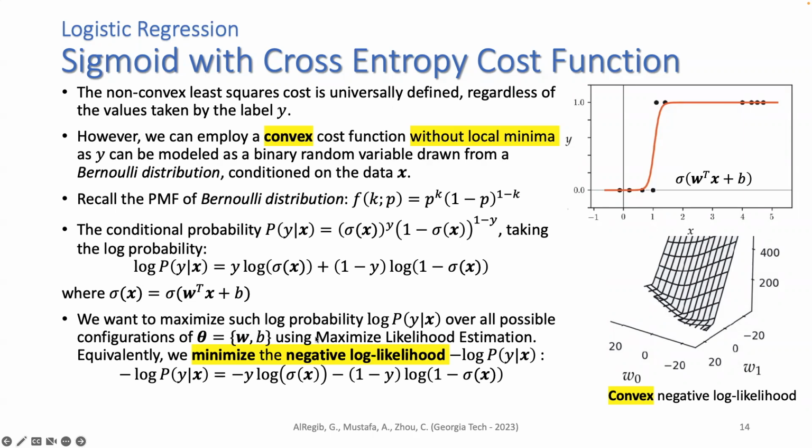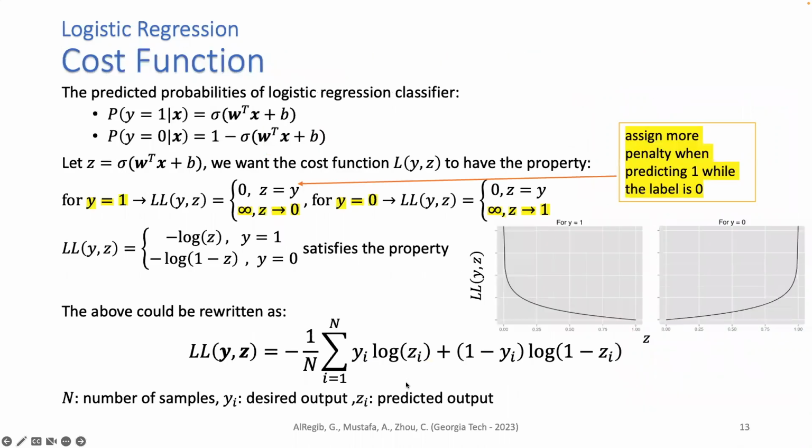That's basically where the capital LL comes from. This is the log likelihood, right? So if I multiply this by negative, then I will have minus y log of z minus 1 minus y log of 1 minus z, which is exactly what I had before in here, right?